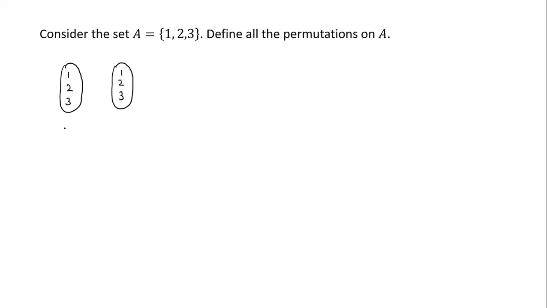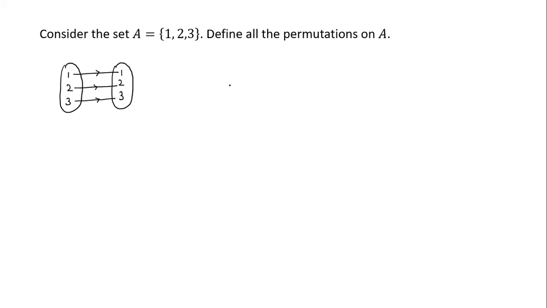Now let me map like earlier: 1 to 1 itself, 2 to 2 itself, 3 to 3 itself, right? So this is one permutation on A.